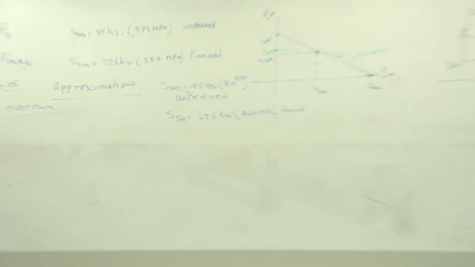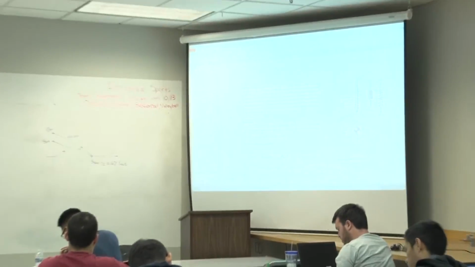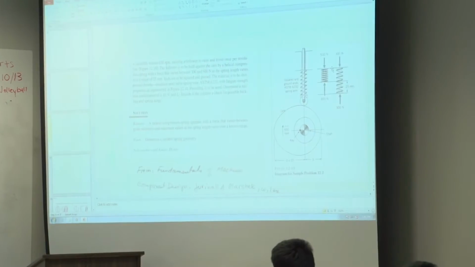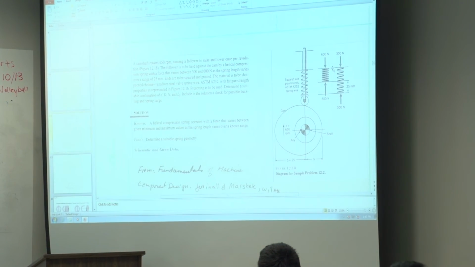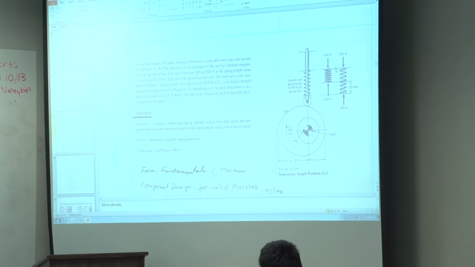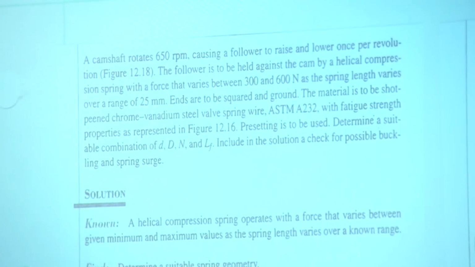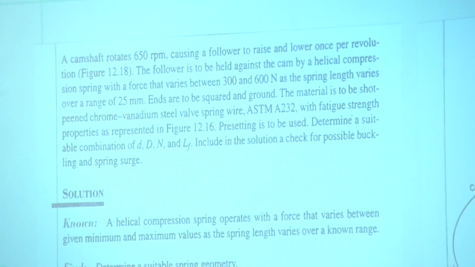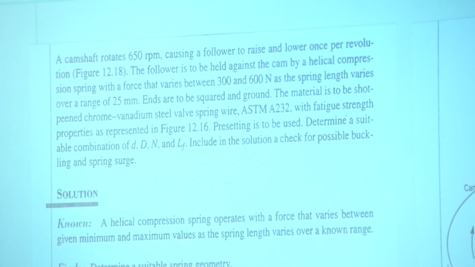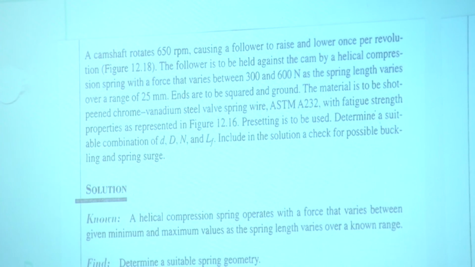Okay, let's take a look at a design problem. Now, in design problems, you may have to assume a lot of things. Not just the value for C, but sometimes more than that. For example, a wire diameter, if nothing is given.